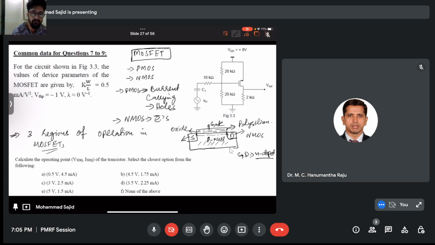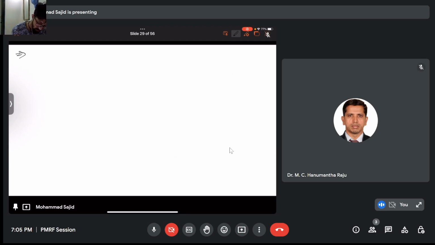Okay, so you have this circuit. The value of device parameters is given, and let me write the simple model for current calculations in MOSFET.